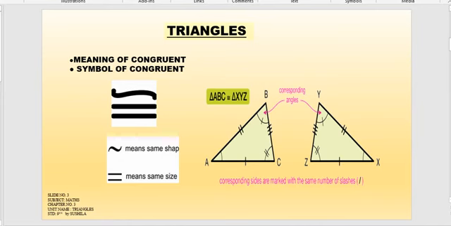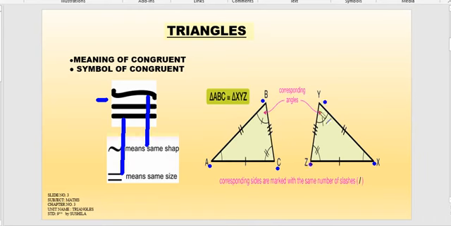Here one symbol you can see, right? One part of the symbol means the same shape, the other part means the same size. Here you can see two triangles on your screen: triangle ABC, with points A, B and C, and triangle XYZ.